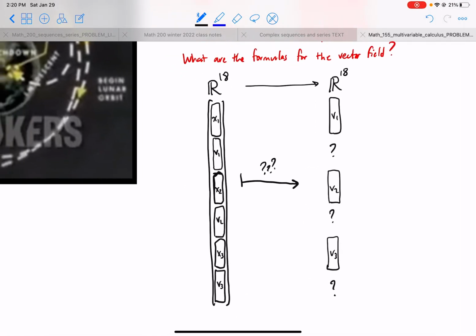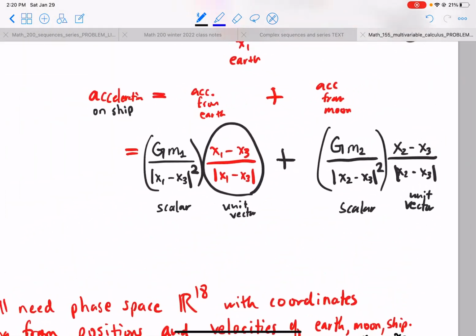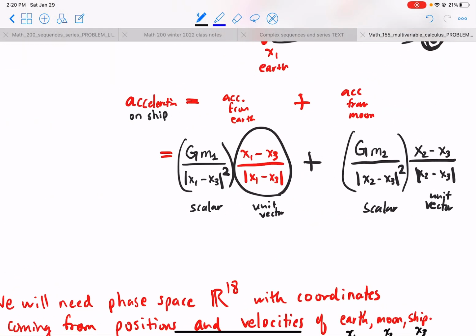Well, now we go back to our whole formula. This is going to be a three-dimensional vector. It's the acceleration. But the acceleration is just the time derivative of velocity. And so how does the velocity get updated? The velocity updates by this formula.